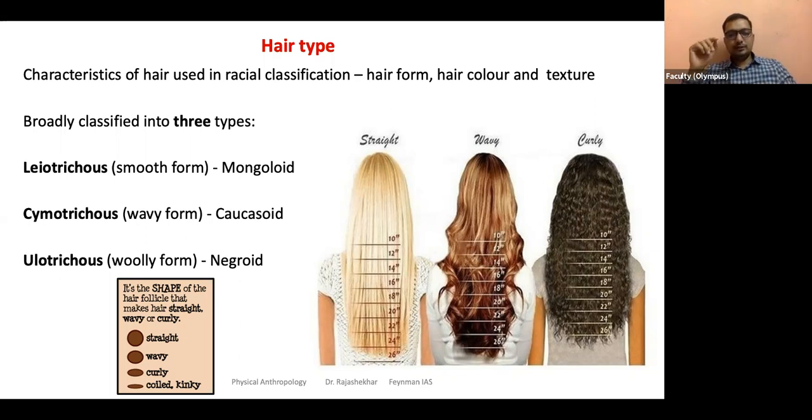Woolly form is tight curls. What happens, wavy, if you have too much waviness, eventually leads to curliness. So either you have straight form, wavy form which is intermediate, and curly. Curly is where they have curls. You see Africans.